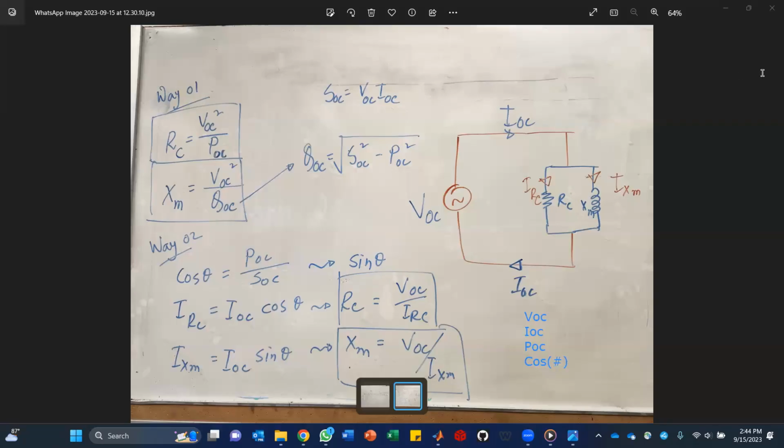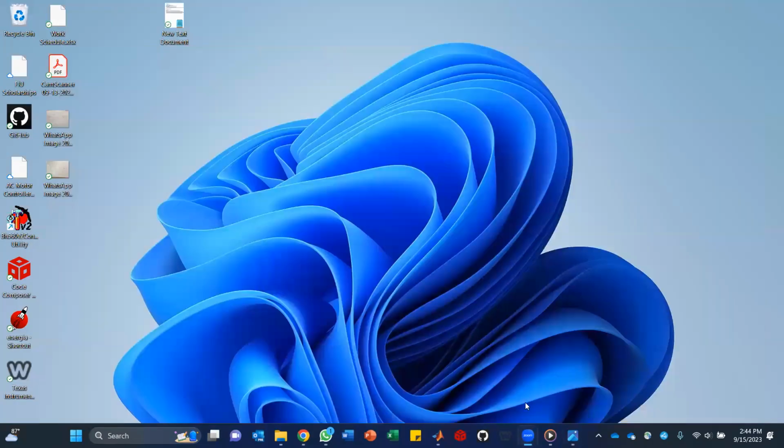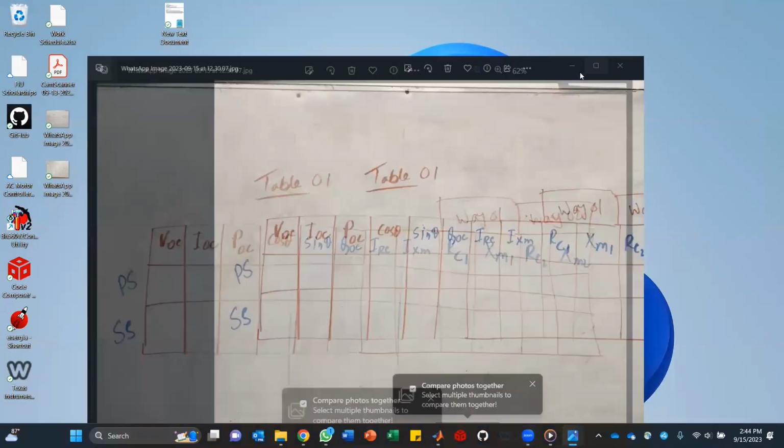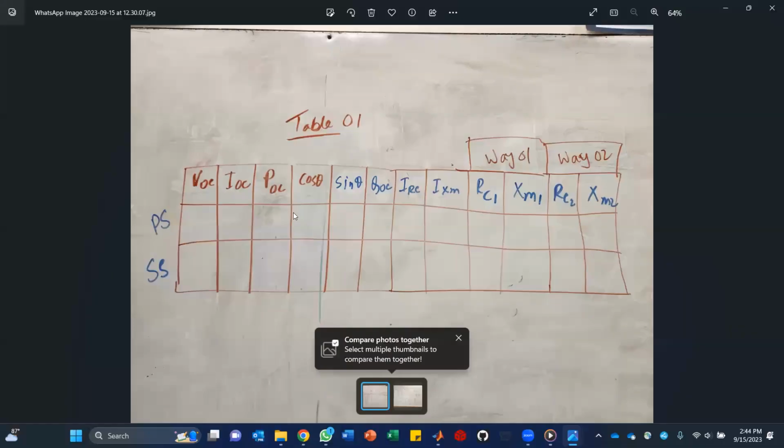So I want you to calculate all of these values using both the ways. You can create a table which will look like this one, where these red values are measured values, and this is for the calculation part.